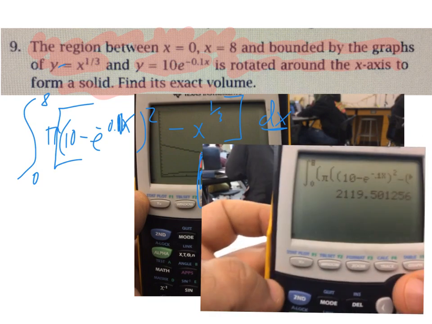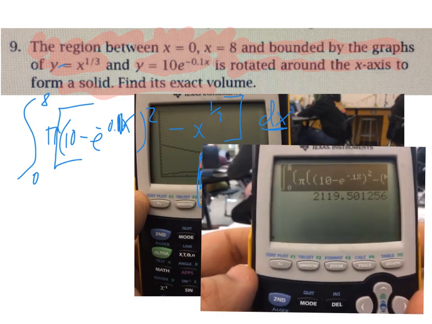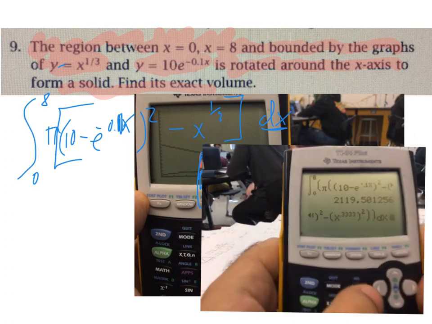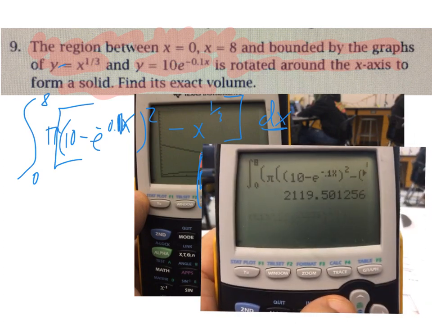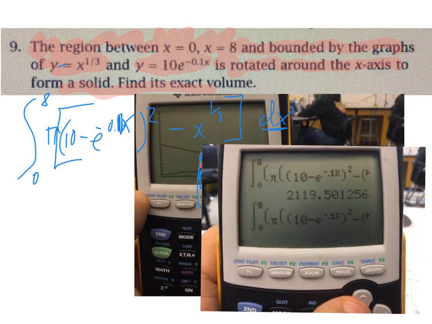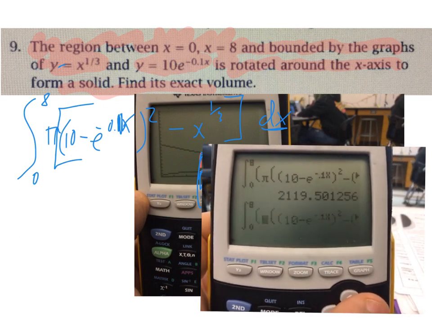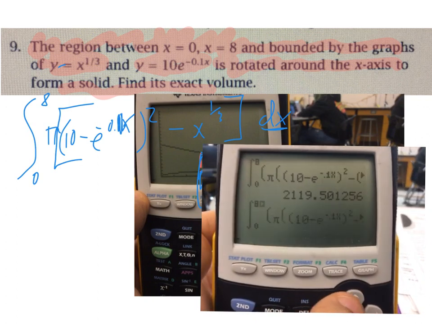So it brings up an integral, which I already plugged in exactly the way we had before. I had to deal with a lot of parentheses. I did my integral from 0 to 8, like it said. Then I took a pi out on the very outside. This first parenthesis was default.